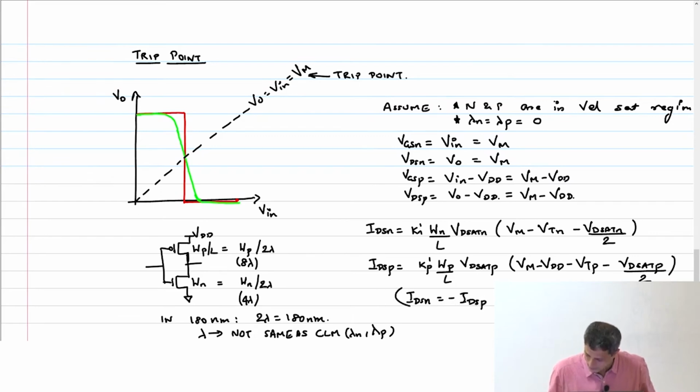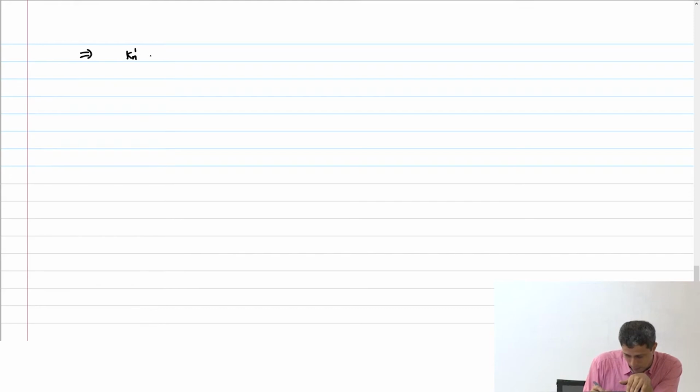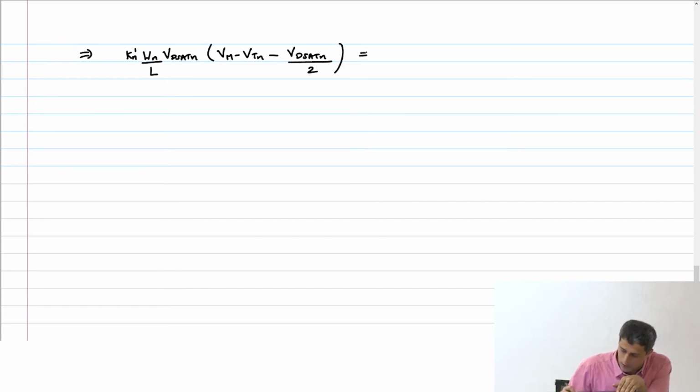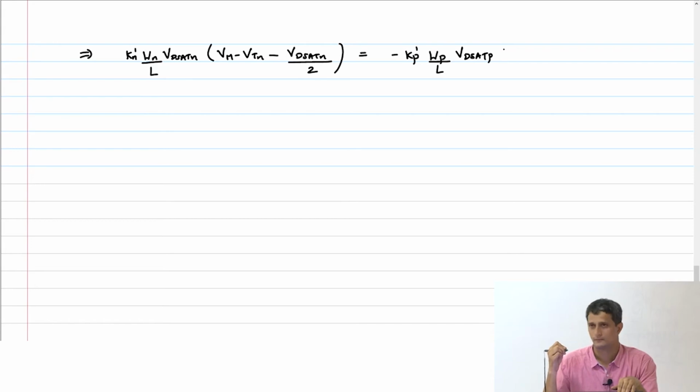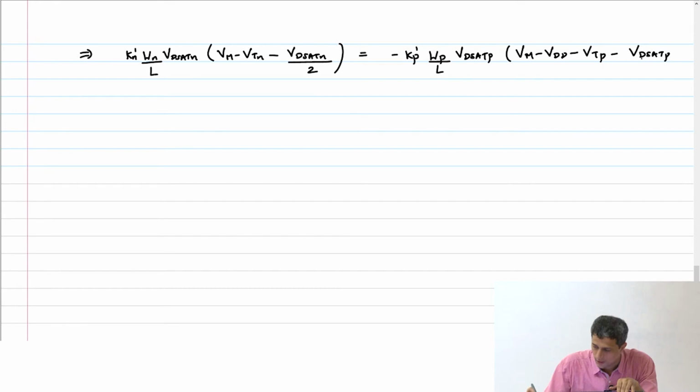I go and equate this, which implies Kn prime Wn by L into Vd sat n into Vm minus Vtn minus Vd sat n by 2 equals minus Kp prime Wp by L into Vd sat P into Vm minus Vdd minus Vtp minus Vd sat P by 2.